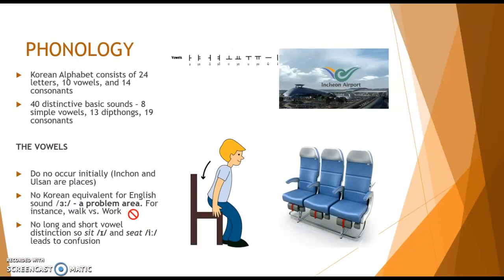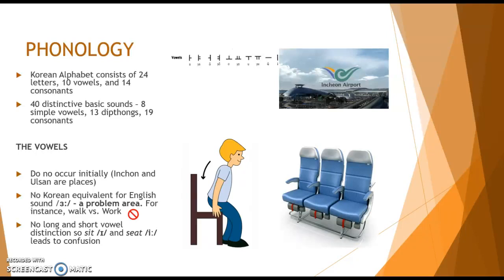The Korean alphabet consists of 24 letters, 10 vowels, and 14 consonants. So it creates 40 distinctive basic sounds: 8 simple vowels, 13 diphthongs, and 19 consonants. The vowels in the Korean language do not occur initially, but in transliterations they have places such as Incheon, where one of the airports is, and Ulsan.